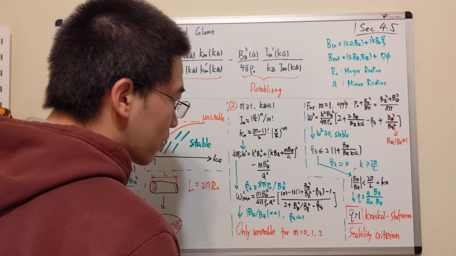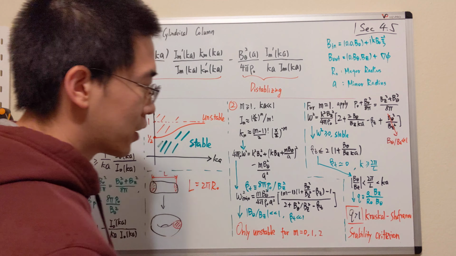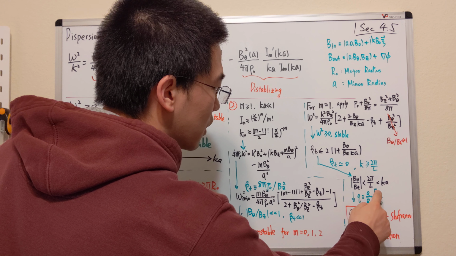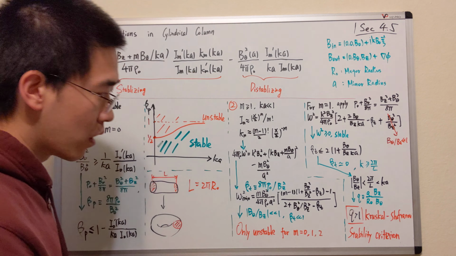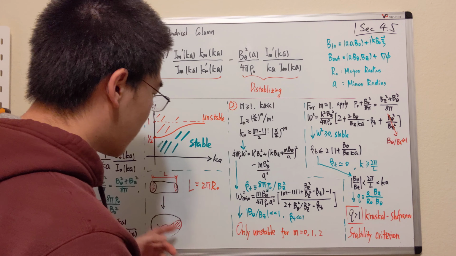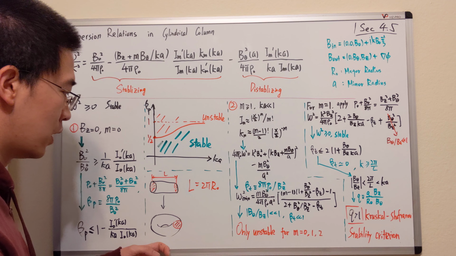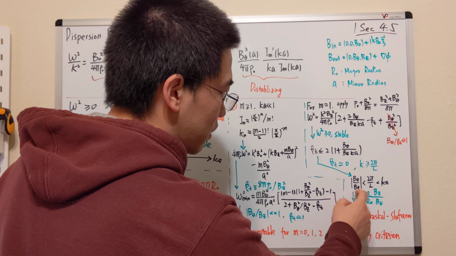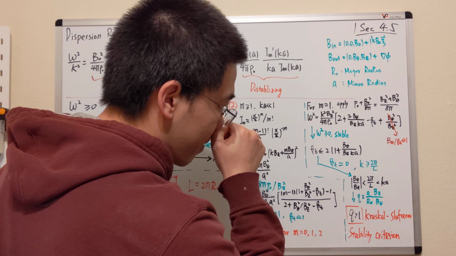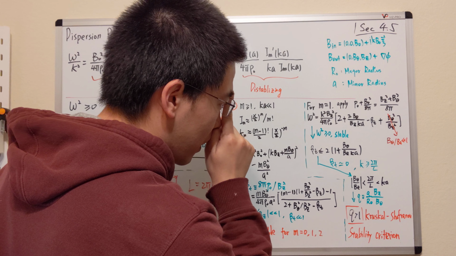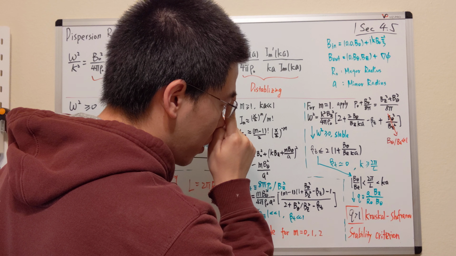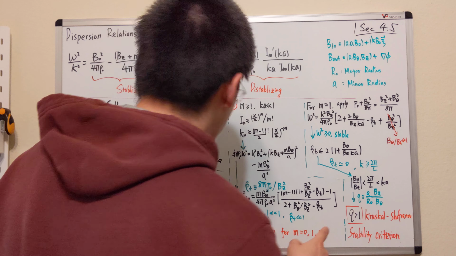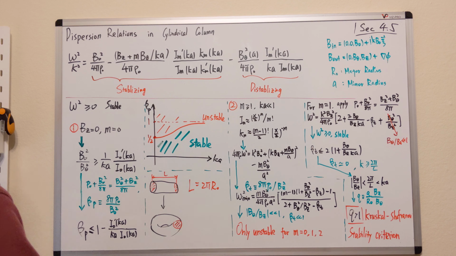And we know one of the ways to define the safety factor is a over R0, multiplied by Bz over B theta. a is the minor radius in the context of a torus, and R0 is the major radius. If I apply this to this inequality here, then we will arrive at basically q greater than or equal to 1.